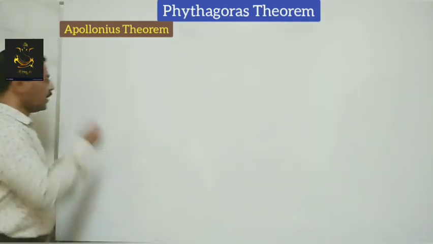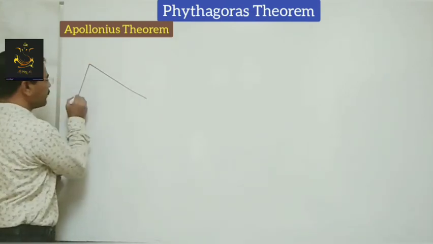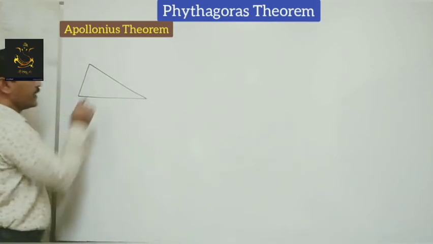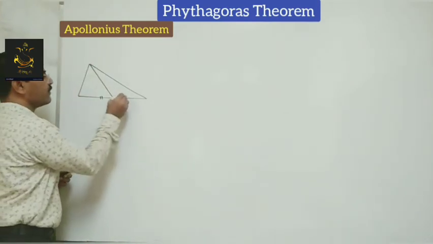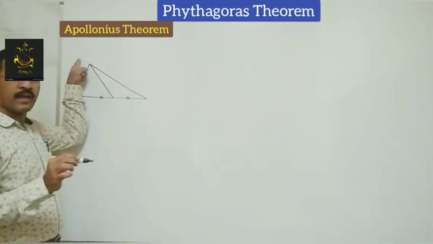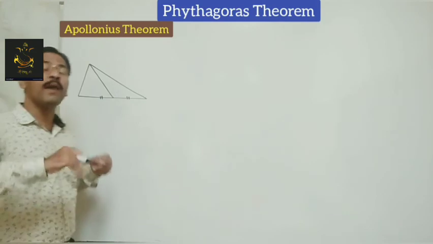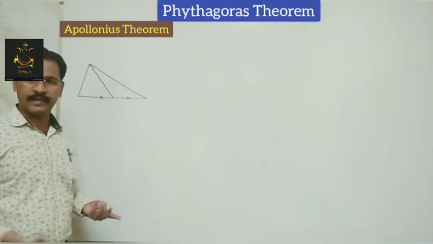Look here. This is the given triangle, A, B, C. Here it is the median. Median means the segment joining any vertex of a triangle and the midpoint of the opposite side of that vertex is called a median.